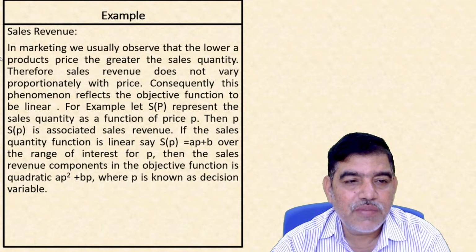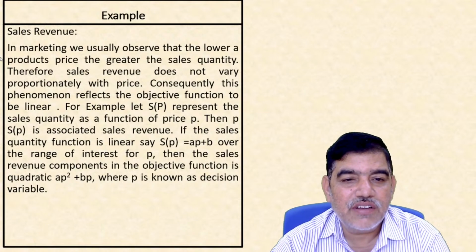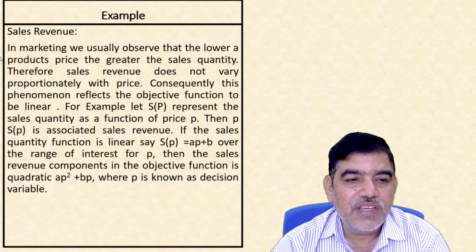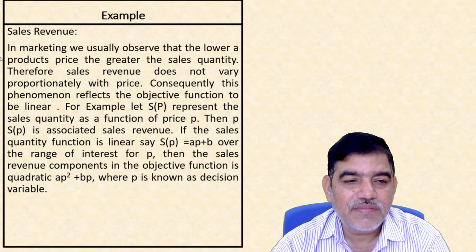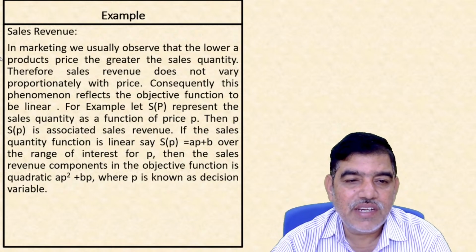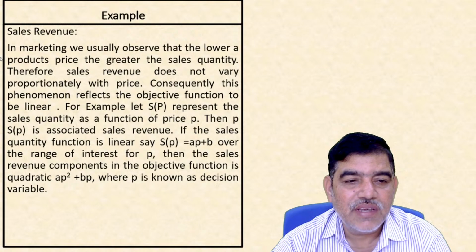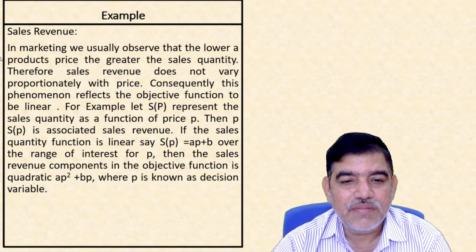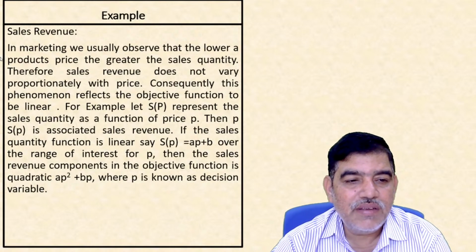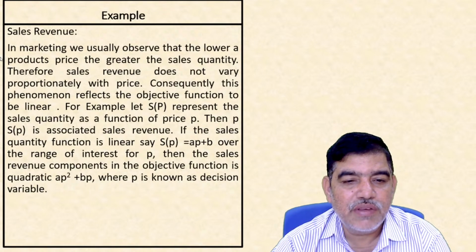Consequently, this phenomenon reflects the objective function not being linear, because it is not a straight line. For example, let S of P, meaning sales of product, represent the sales quantity as a function of the price P. Then P times S of P is the associated sales revenue.